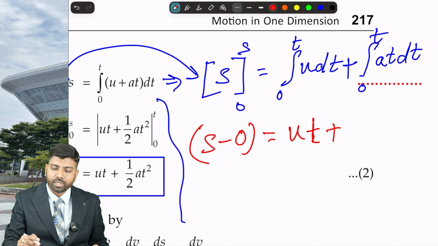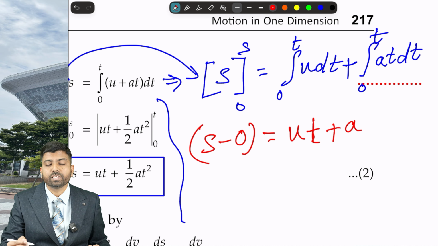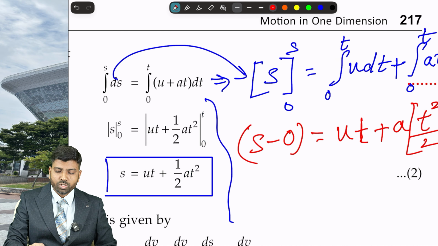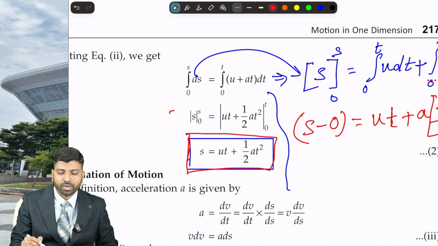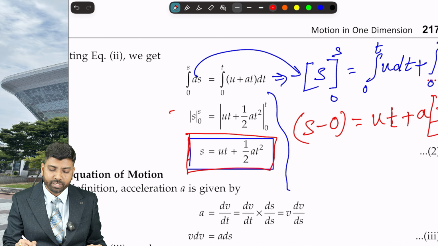Plus the next one, acceleration is constant, so if you integrate t, the power is increased by 2 and divided by 2, with the range from 0 to t, right? Then we got the final calculation, s equal to ut plus half at square.